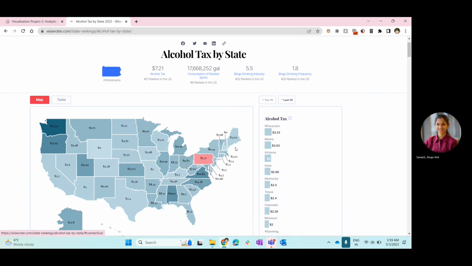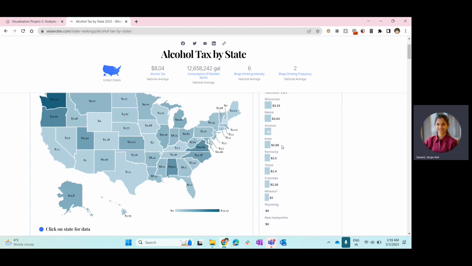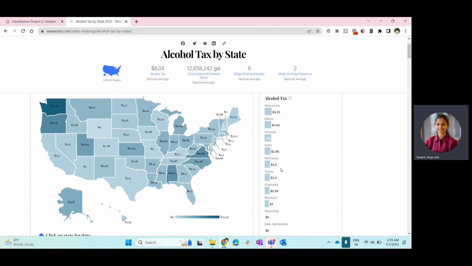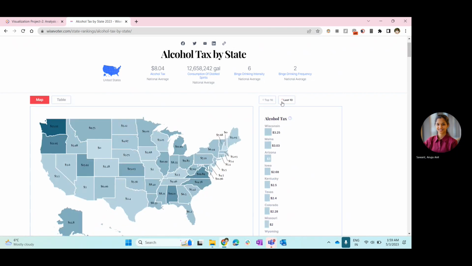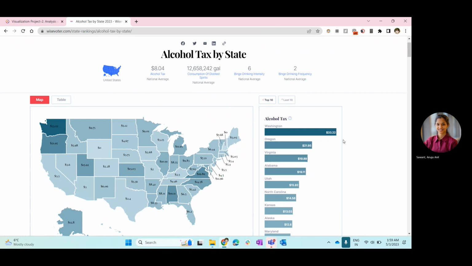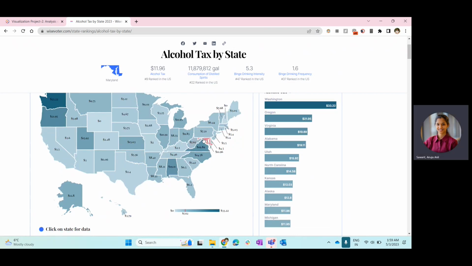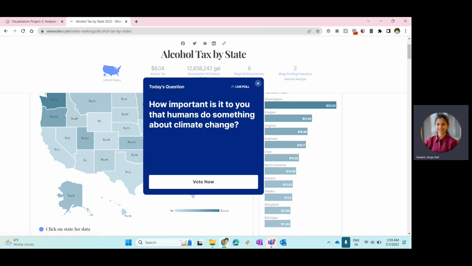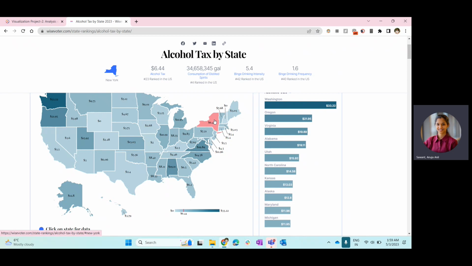If we can find three states with less than New York, let us check for New York. Yes, I can see it has the lowest tax rate.